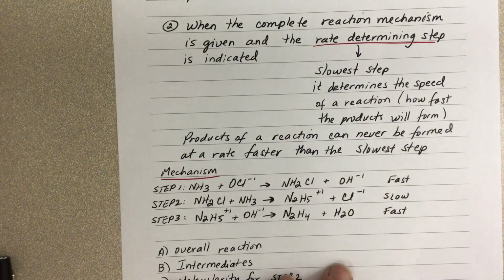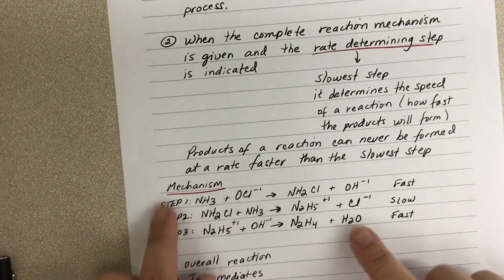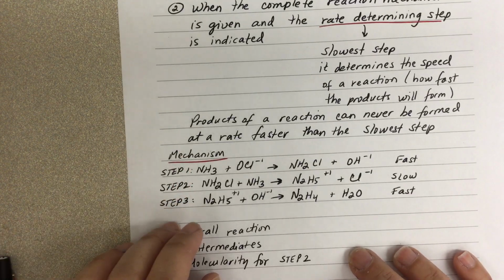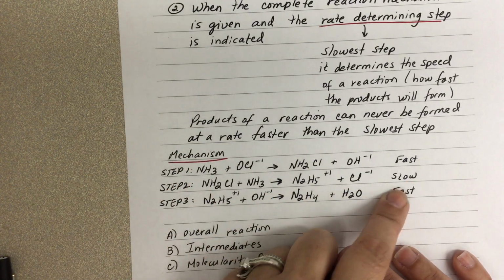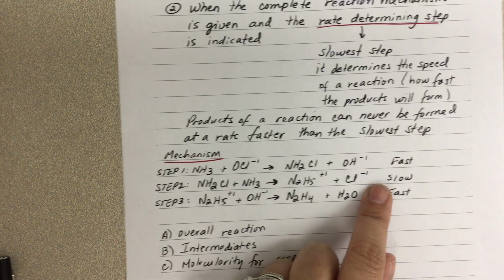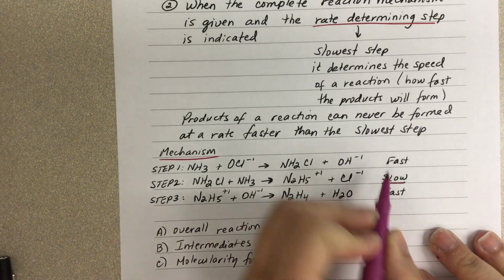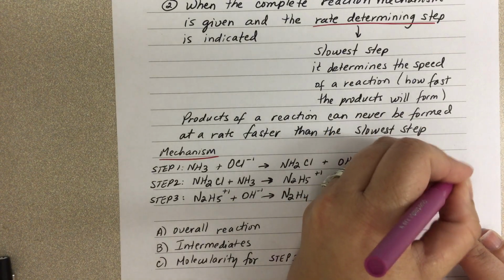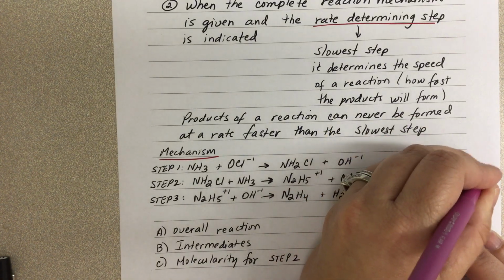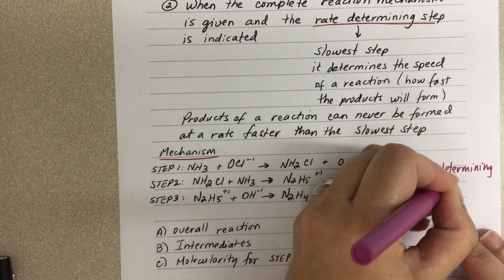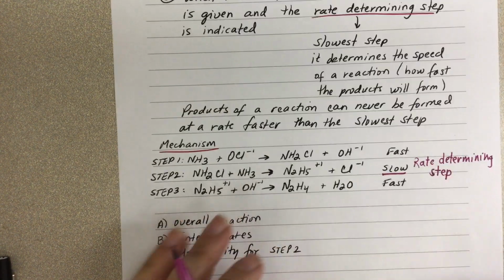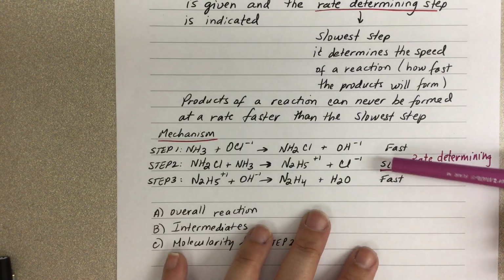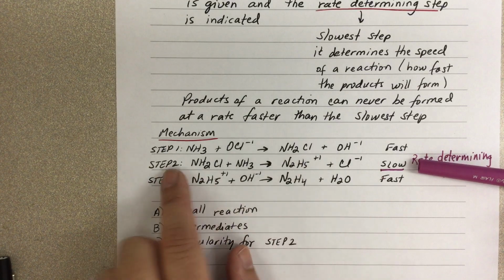The mechanism is going to tell you, here I have 3 steps in my mechanism, and out of my 3 steps, the second one is the slow one. If that one is labeled as slow, it means that that one is the rate determining step. So your final reaction is not going to happen faster than what you have for step 2.